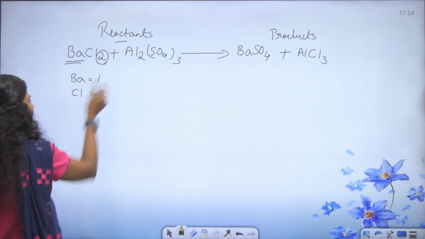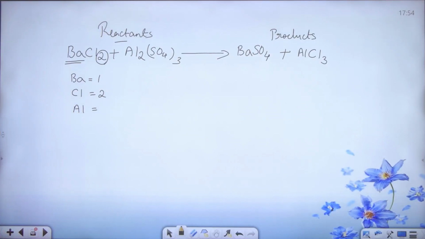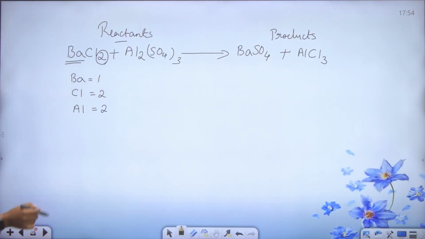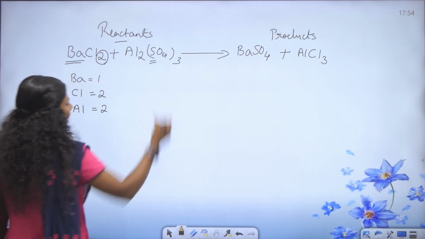Then the next element is aluminium. Al2SO4 thrice: the number of aluminium atoms is 2. Then count the other atoms. The next atom is sulfur.